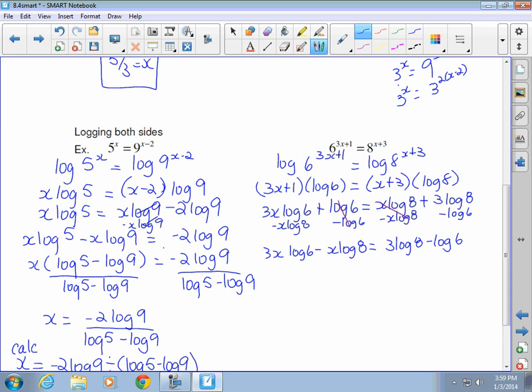So from here then, I'm just going to put a line through so I'm not crashing. I can GCF an x from both of these. So I'm left with 3 log 6 minus log 8 equals 3. Oh, did I write that? 3 log 8 minus log 6.